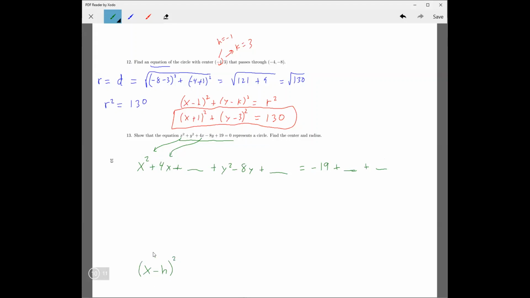Okay, and then once these are perfect squares, the idea is I want this to look like this. I want it to look like x minus h squared, or possibly x plus something, plus a negative h. And so x squared minus 2hx plus h squared.